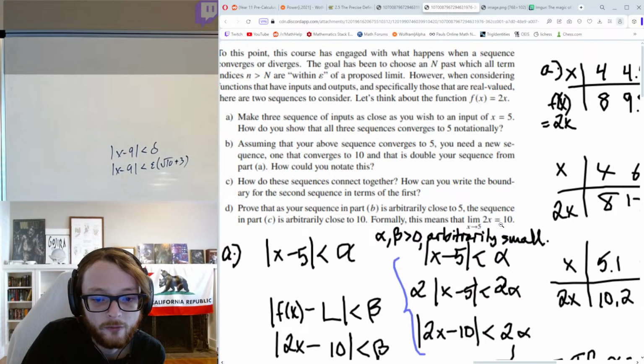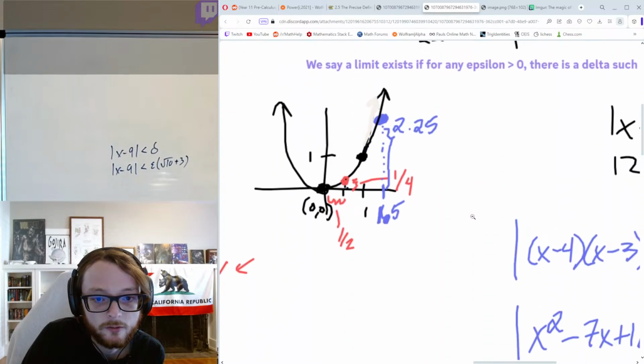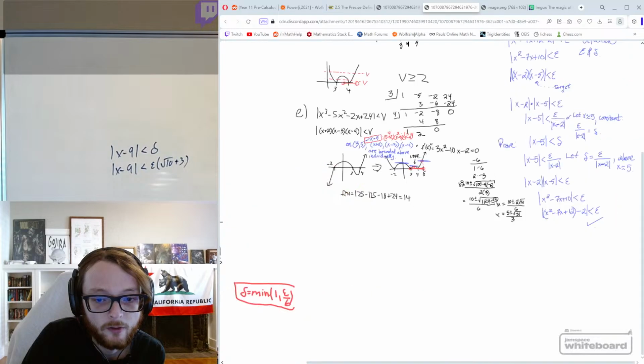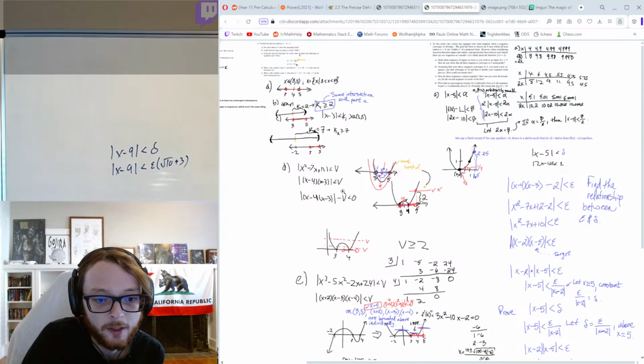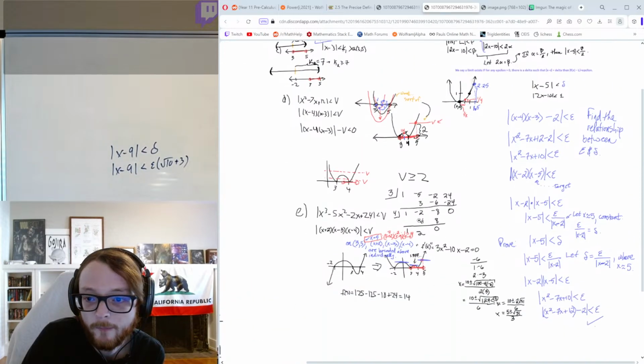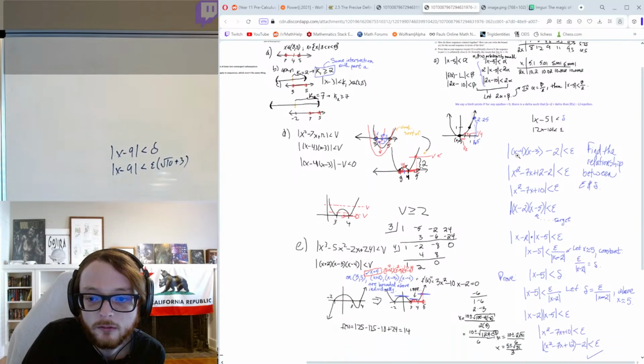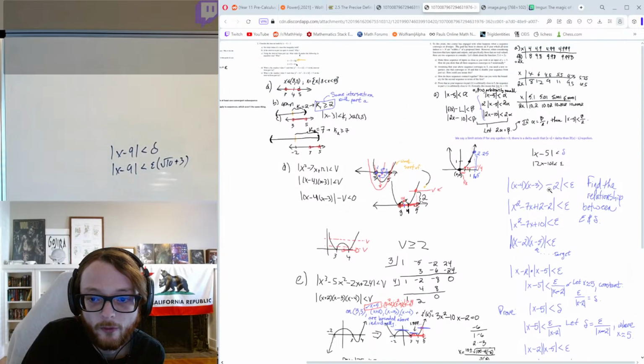This is for 2x equals 10, which is a nice case. I see some kind of parabola action happening. Oh, that's not an actual epsilon delta though. What is this over here? This is a separate problem. This one involves a quadratic.